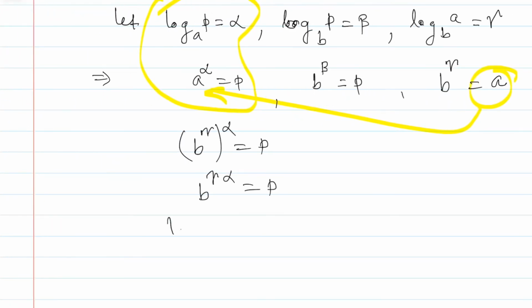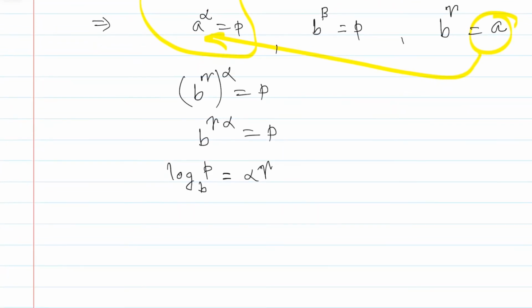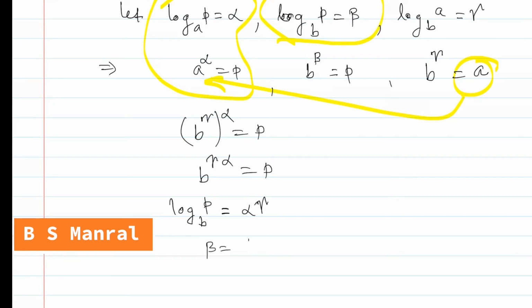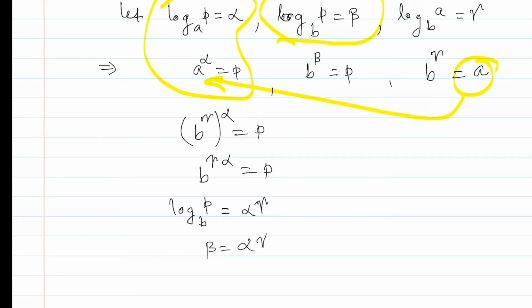Applying the definition of the log, we'll get log of p to the base b is equal to alpha gamma, or gamma alpha, whatever way you like. Now log of p to the base b is beta. So beta is equal to alpha gamma. That is, alpha is equal to beta over gamma.